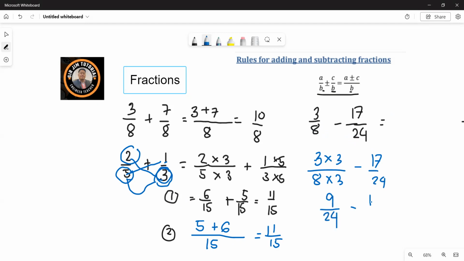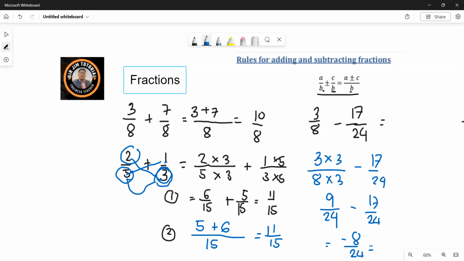You have your minus 17 over 24. So this gives you a negative value. 9 minus 17 is negative 8 over 24. You can reduce further.